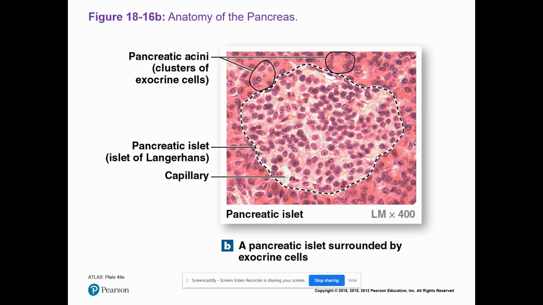So if you notice, here's a capillary, here's a capillary that kind of surrounds them. Because these guys need to be able to dump insulin into the blood after a meal, they have to have access to capillaries.